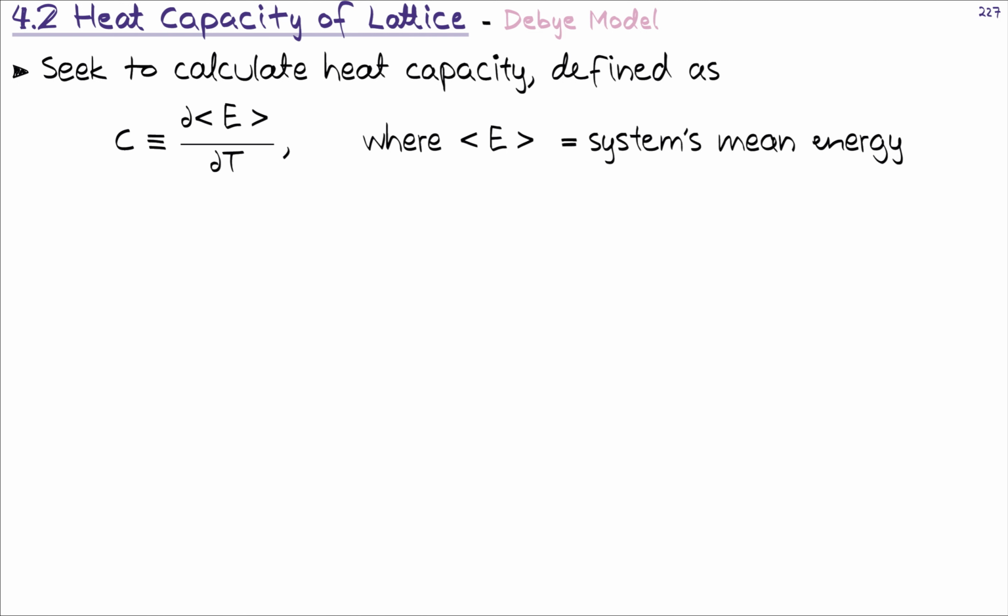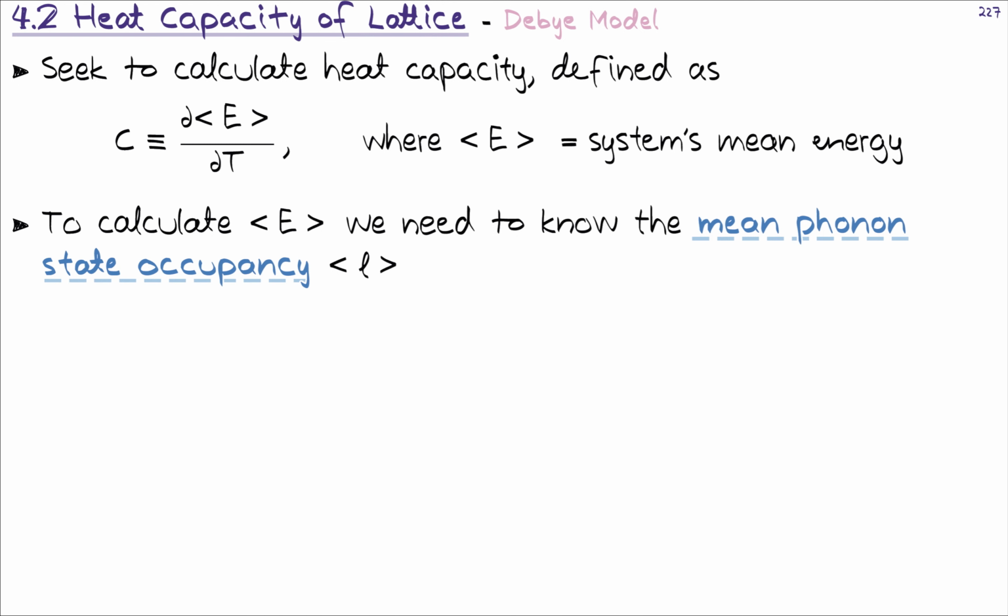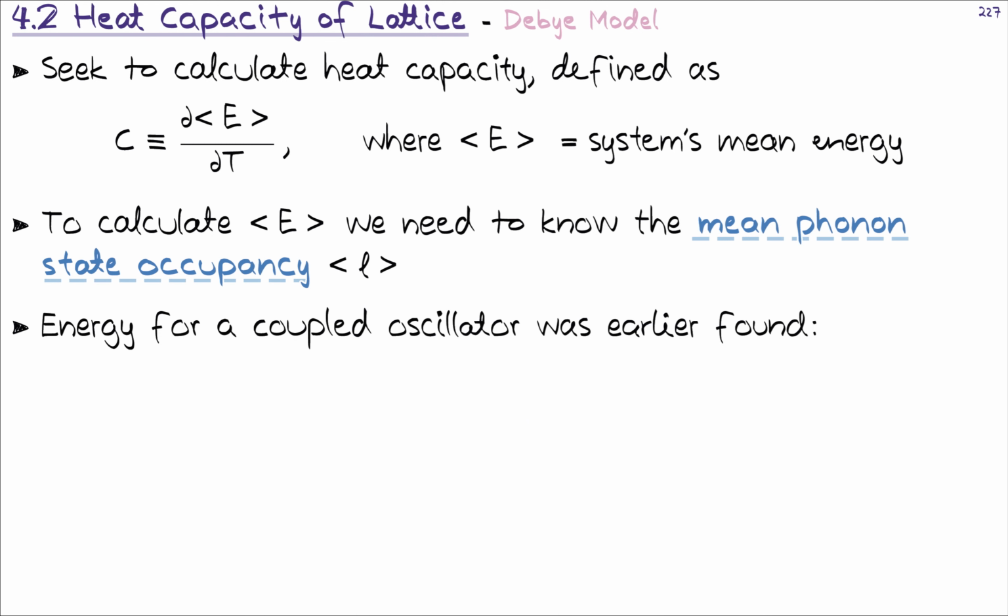In here we were interested in lattice vibrations. When we want to calculate the mean energy, we really need to know the mean phonon state occupancy. I'll denote that with the L in the brackets. So L is my quantum number associated with the phonon energy. When we look at the energy of a coupled oscillator, earlier we found a relation, and now I have the energy with the subindex L to denote that L is a discretized quantum number, so it's a subindex and not an argument of this function.